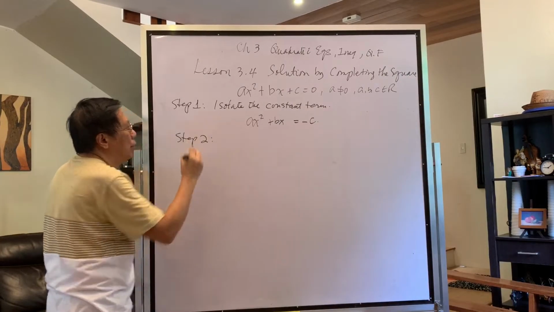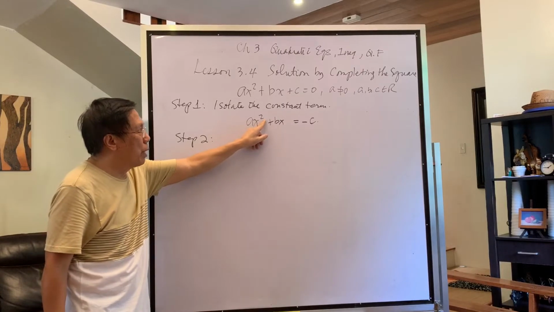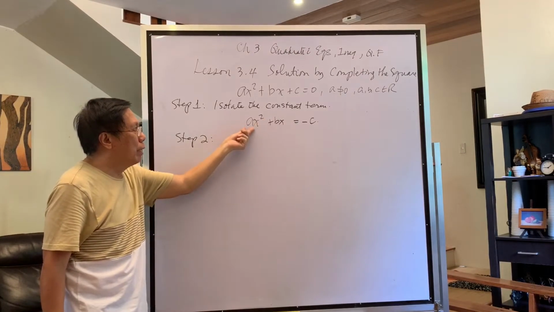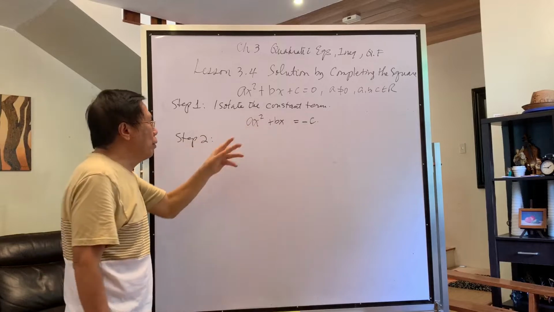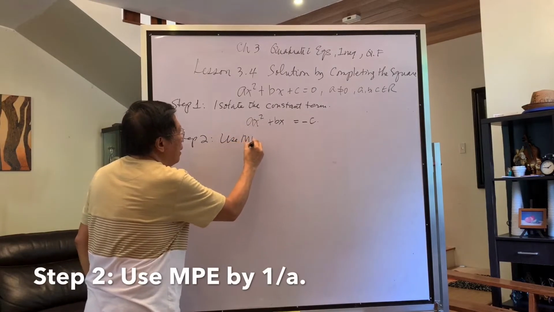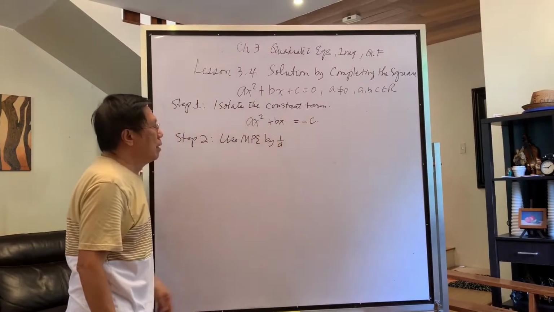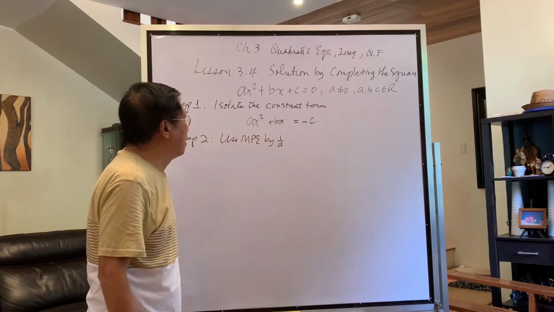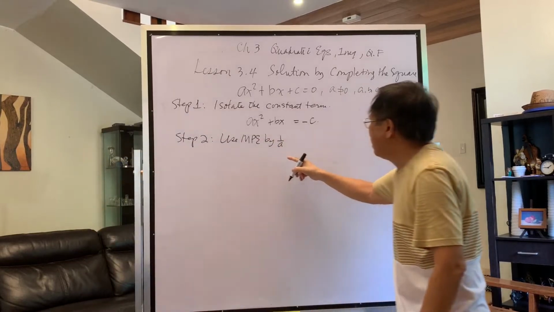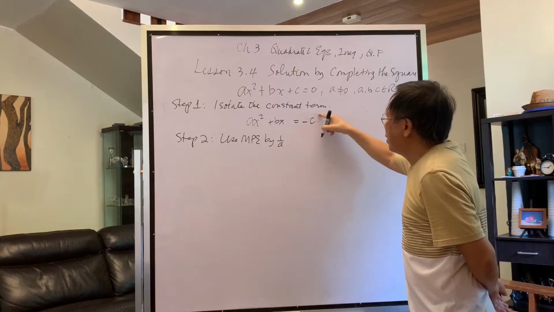Step number 2. We want to make this coefficient of the squared term be equal to 1. So we are going to apply MPE by 1 over a, so that this becomes a 1. Use MPE by 1 over a in step 1.